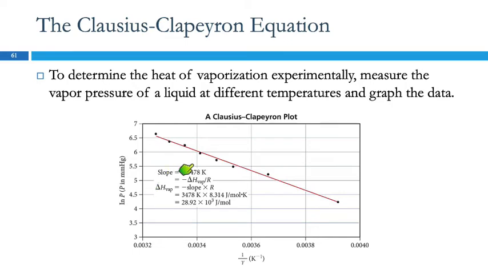So the slope of the line is equal to that many Kelvin, and that is equal to negative delta H over R, and you do a little bit of algebra, and you find out that delta H is 28.92 times 10 to the third, or 2.892 times 10 to the fourth joules per mole.